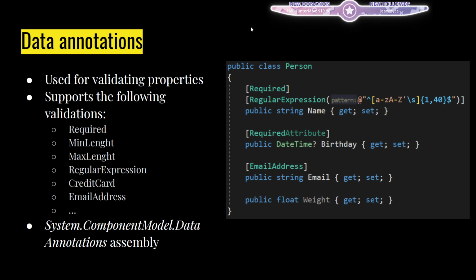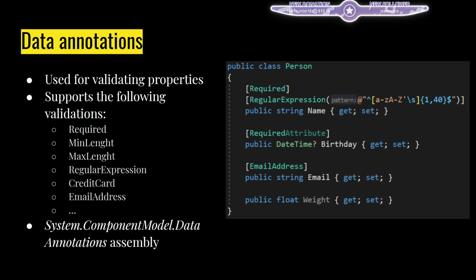We already talked about data annotations. So in C# we can do validation of our data through data annotations. And there are a ton of different data annotations, validation attributes like required, min length, max length, regular expression, credit card, email address, and so on.